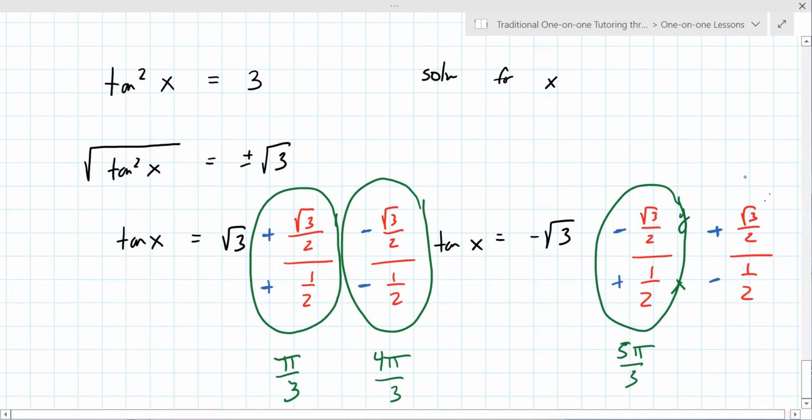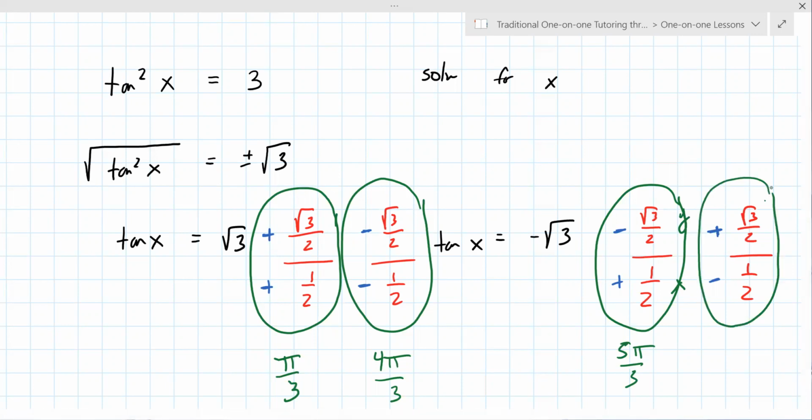Okay, how about the last one here? Positive y, positive square root of 3 over 2, negative 1/2. 11 pi over 6 has got the flip of it.